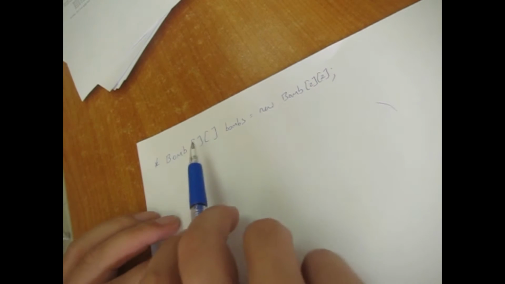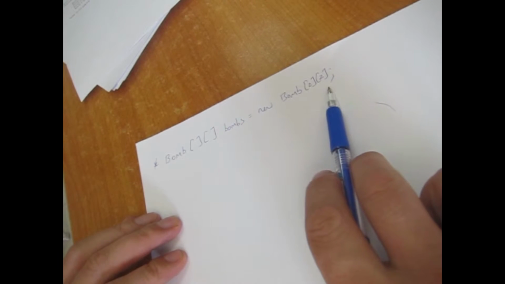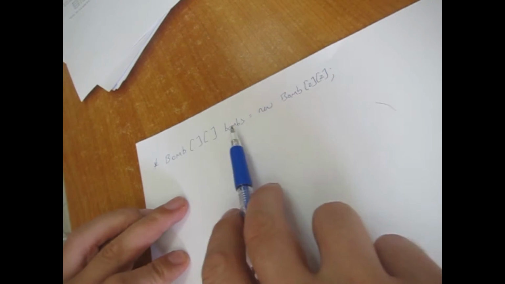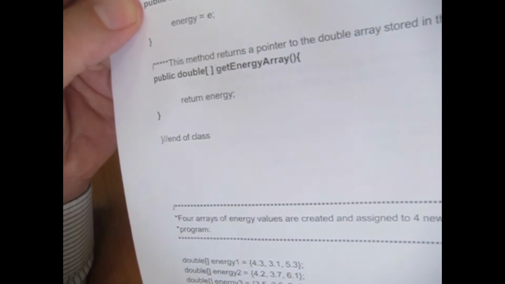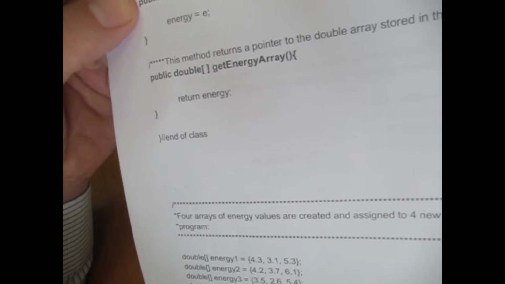So I really want to loop through this array, and for each of the BOM objects in the array, I'm going to use this method to access the double array that each of the BOM objects is storing. And if I can access the array that the objects are storing, I can then calculate totals. So this is how I'm going to do it.